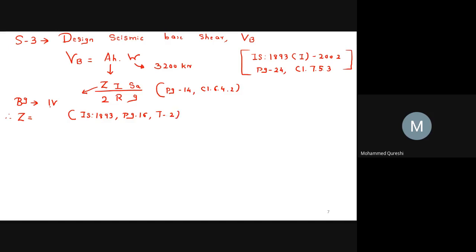So, for zone 4, the zone factor will be 0.24. You get this value as 0.24 from this page number and from table number 2.